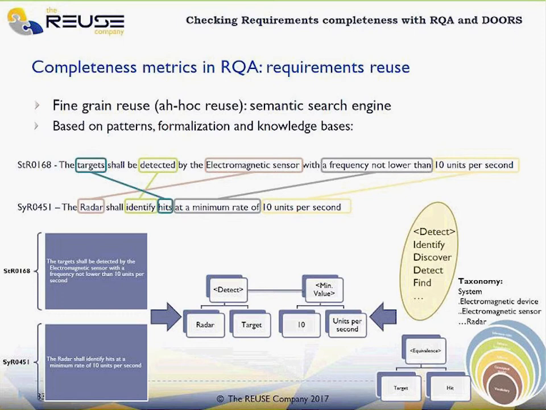Actions meaning somehow the detection of entities such as identify, discover, detect, find, and so on and so forth. We can very easily come up with this knowledge representation, meaning that these two different requirements could be represented with the same semantic graph, and thus our tool will find this when looking for similar requirements. And this semantic search engine is also key to reduce the number of missing requirements in our projects.